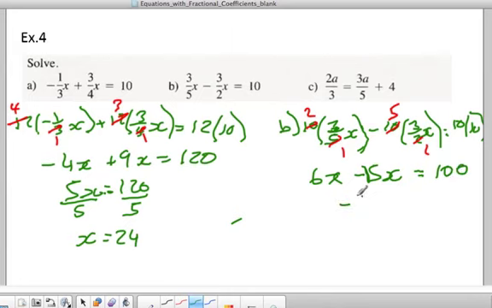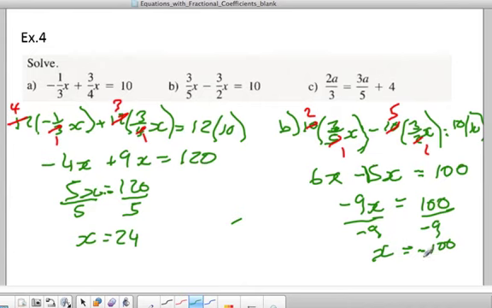So this is negative 9x is equal to 100. Divide both sides by negative 9. And you get x is equal to negative 100 over 9. And I'll rewrite that.